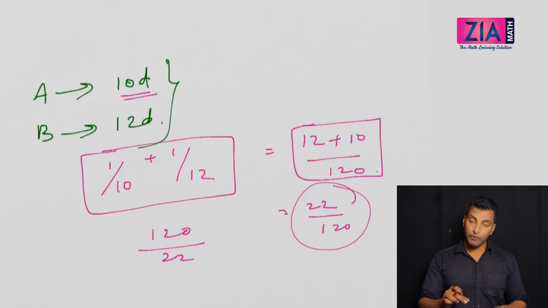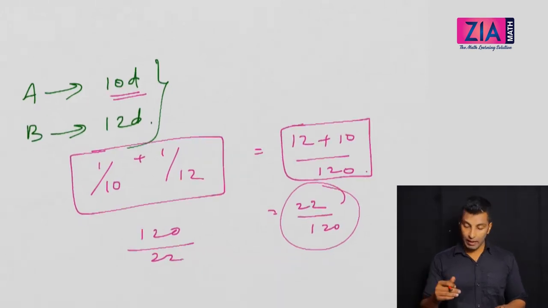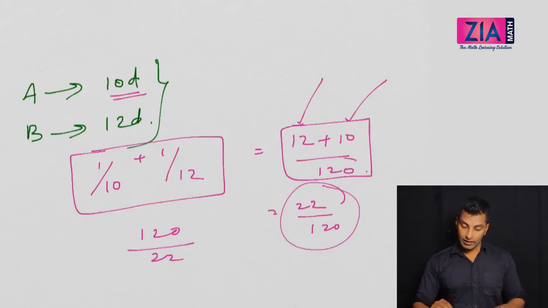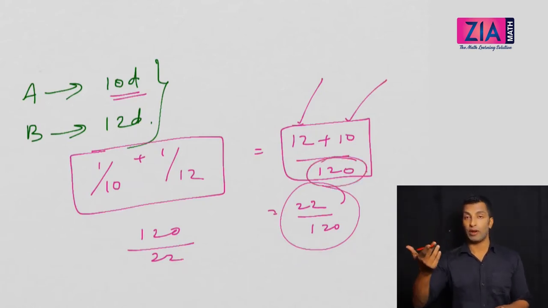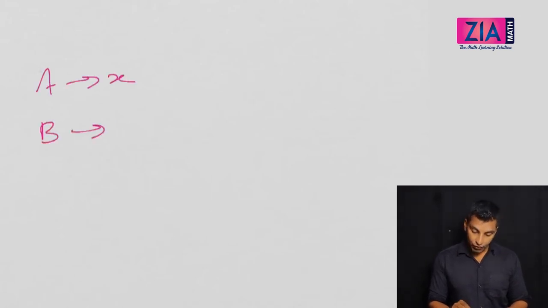If you need to, you can make a formula based on this: this is A, this is B, and this is AB. Take the reciprocal. Now what if there are three people? A can finish in X days, B can finish in Y days, C can finish in Z days.